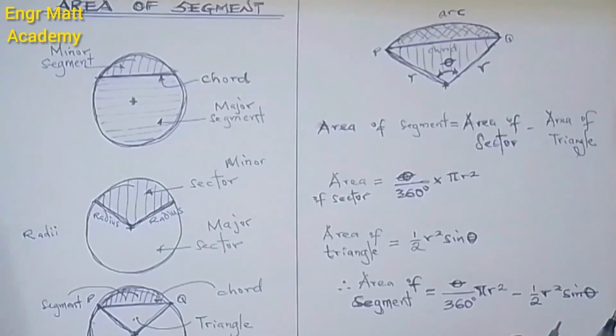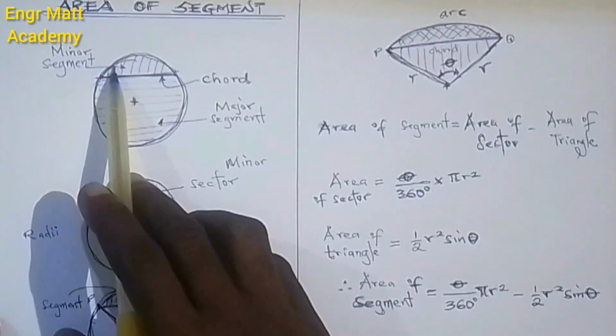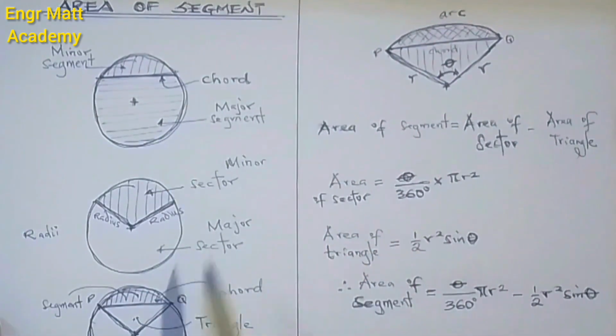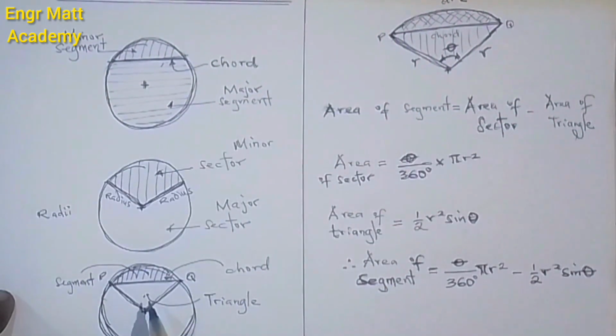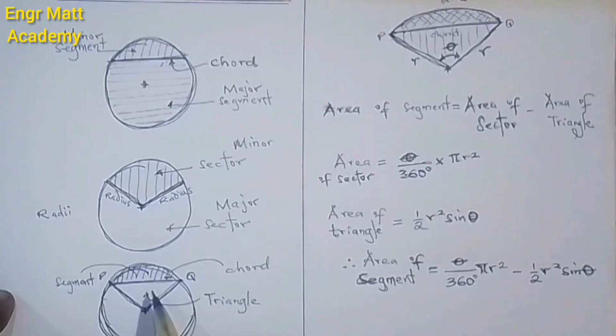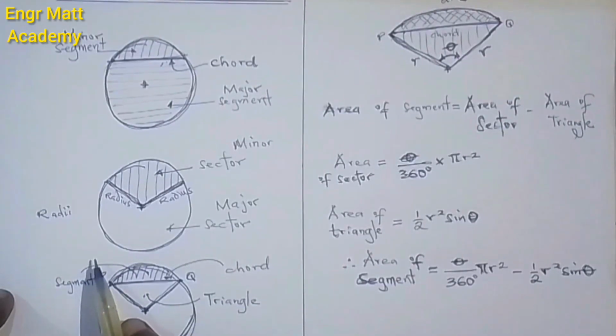Let's stop here today. Now you know what a chord is, you know what a segment is, and you also know what a sector is. Finally, we mentioned that a sector contains two parts, a triangle and a segment.